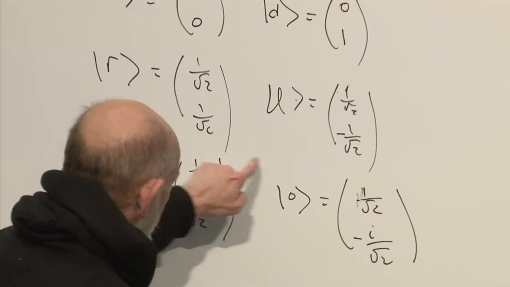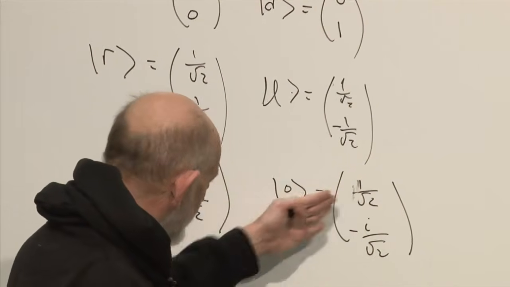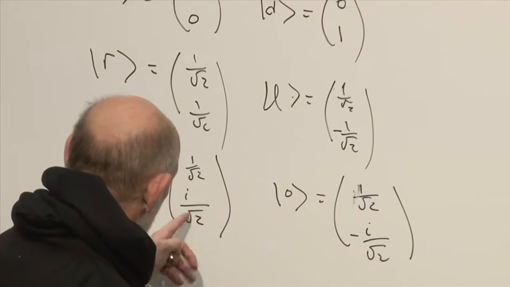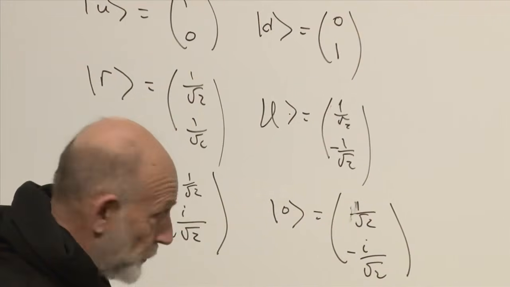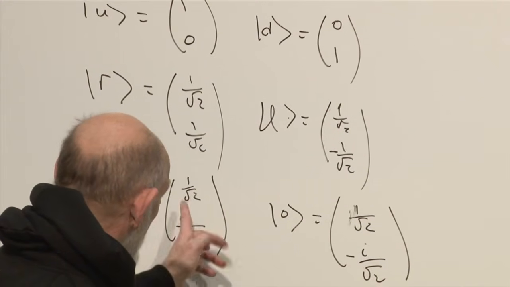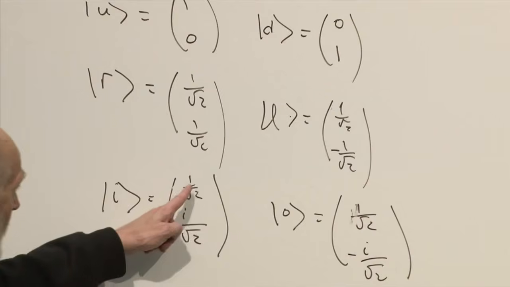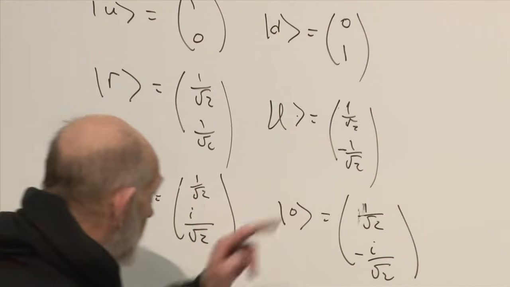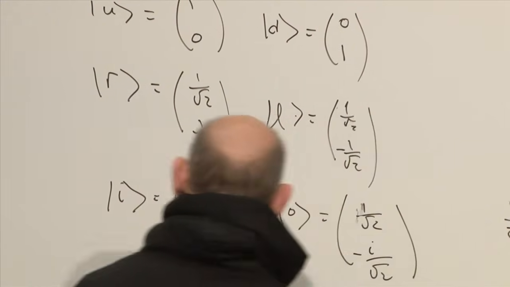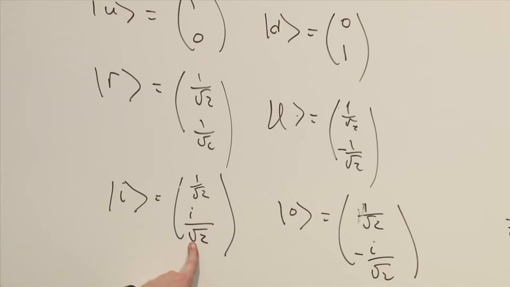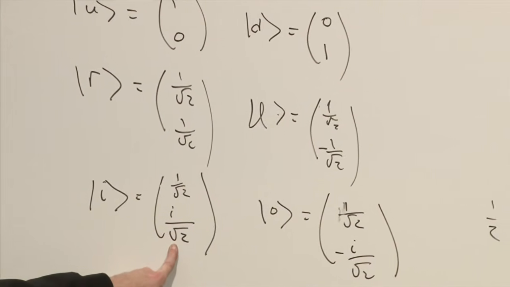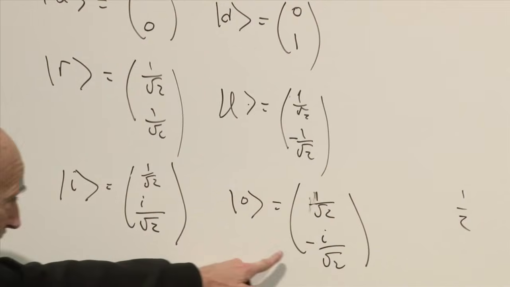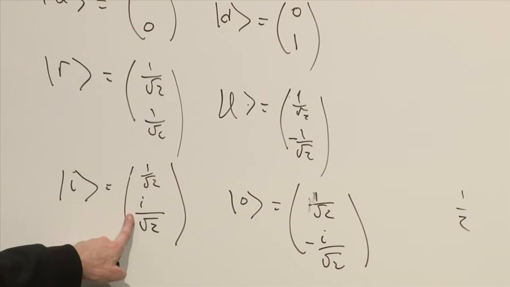The inner product is the sum of the products of the entries times their complex conjugate. So one of these has to be complex conjugated. What's the product of this with its complex conjugate? 1/2 times 1, it's just 1/2. So this one times this one gives you a 1/2. And how about this times the complex conjugate of this? Minus 1/2. Minus i over 2. What's the complex conjugate of i over square root of 2?